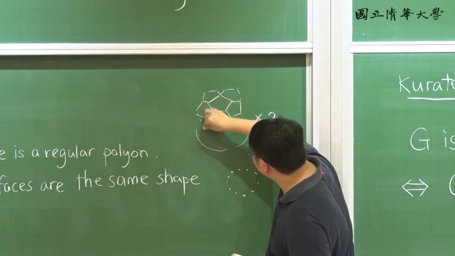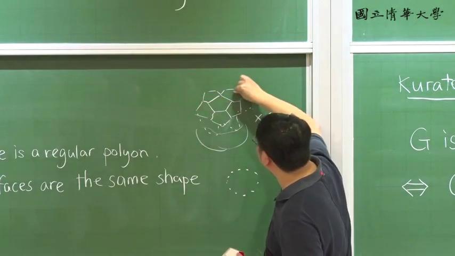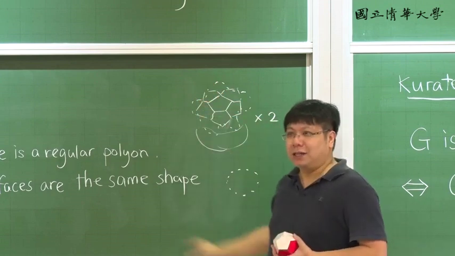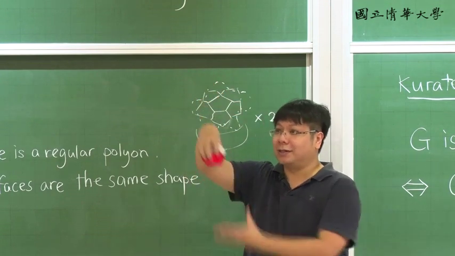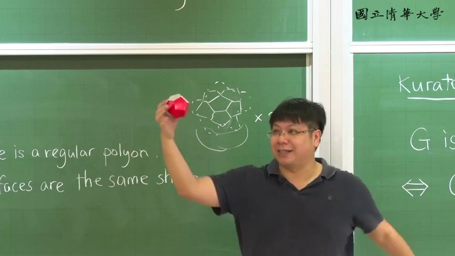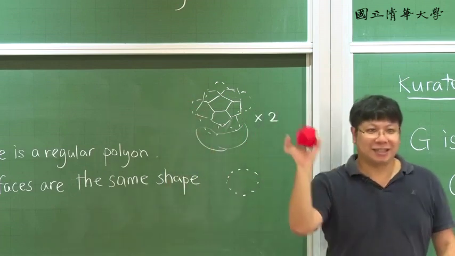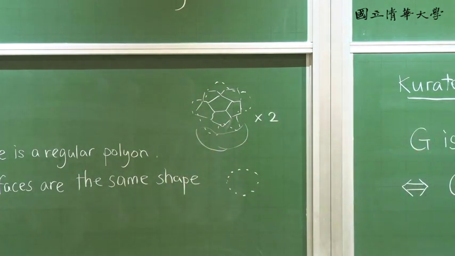You join this one, this one, this one, and so on. You put the rubber band around these 2, and then it will pop up and become something like this. So this is some fun game that you can try at home. This is the dodecahedron.